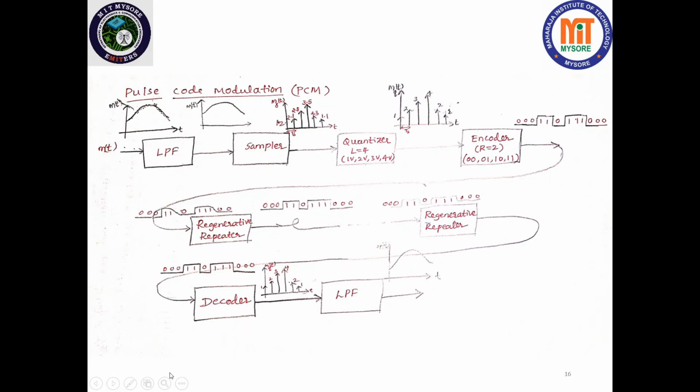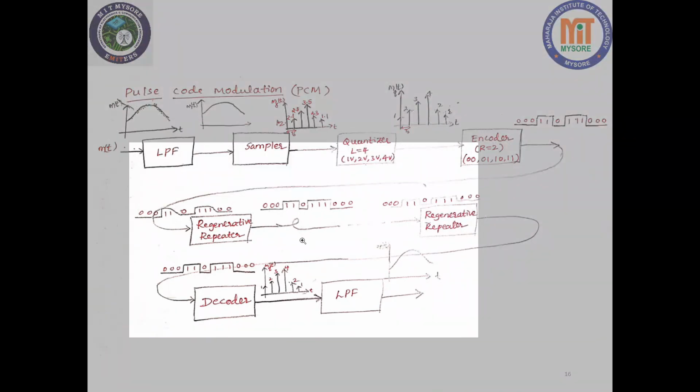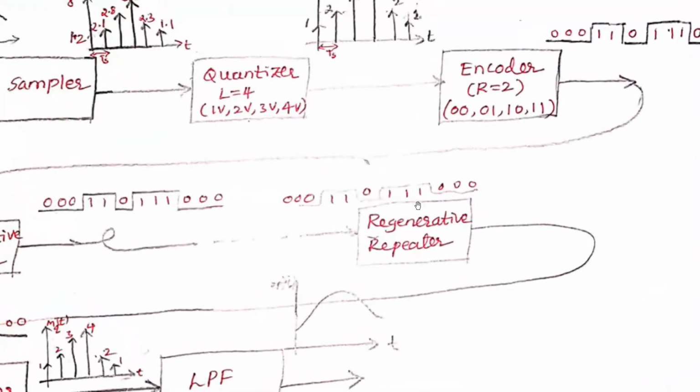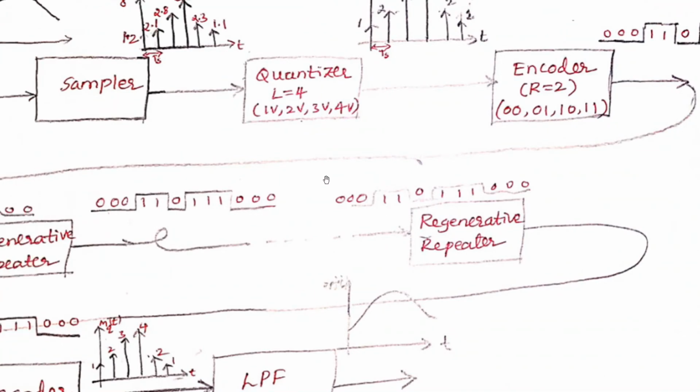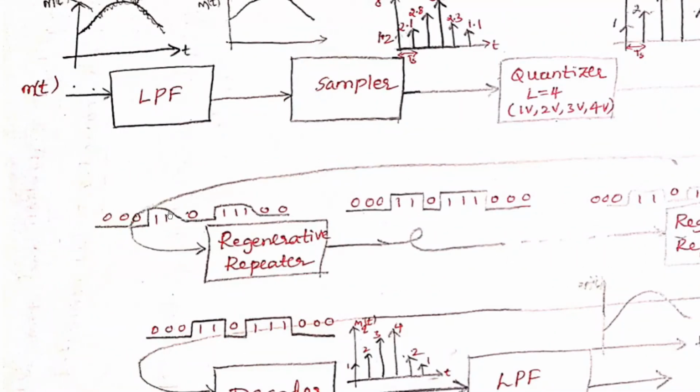Now this signal is transmitted through the channel. As it travels through the channel, its voltage levels are degraded for a number of reasons, and we need to restore these voltage levels. For that purpose we have the regenerative repeater.